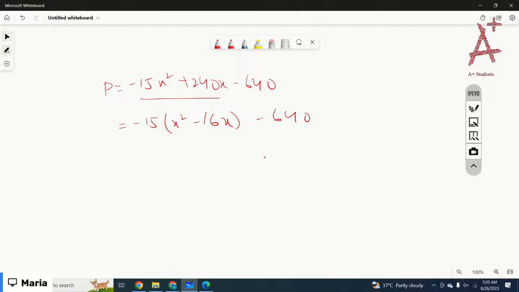So you have to add 16 by 2 is 8, 8 square 64. Negative 15 times x square minus 16x plus 64 minus 64 minus 640. So this one forms a square.